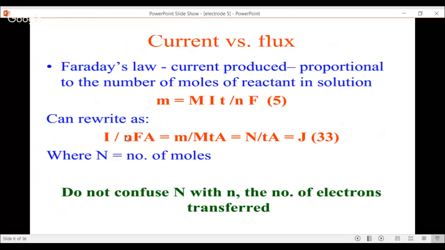Conveniently written as I by nFA equals N by t into A, where N is the number of moles, t is time, A is area, and the current is the flux. So don't confuse yourself with capital N and small n. Small n denotes the number of electrons transferred. Capital N denotes the number of moles reacted or electrolyzed.